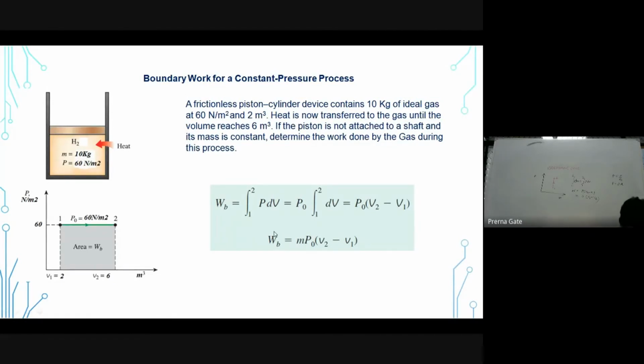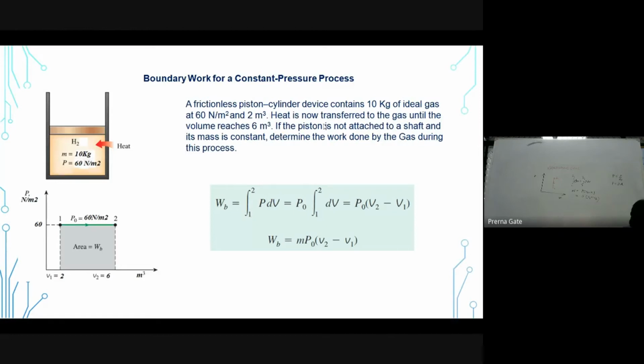So let us take an example. A frictionless piston-cylinder device contains 10 kg of ideal gas at a pressure of 60 Newton per meter square, and the volume is given as 2 meter cube. It is given that heat is added so that the volume of the gas reaches 6 meter cube.